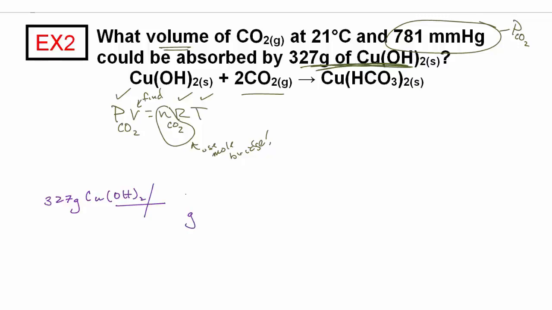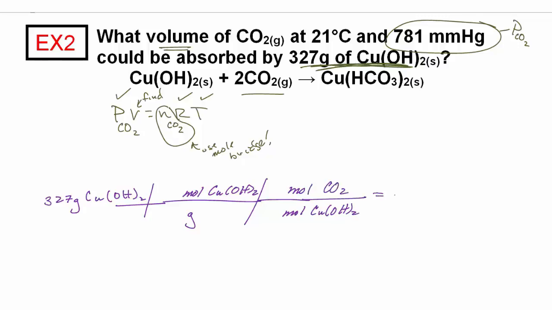So first we'll convert it into moles of copper 2 hydroxide. And then we'll use our mole bridge to get it into moles of carbon dioxide. And we stop there because that's what we want n to be in.